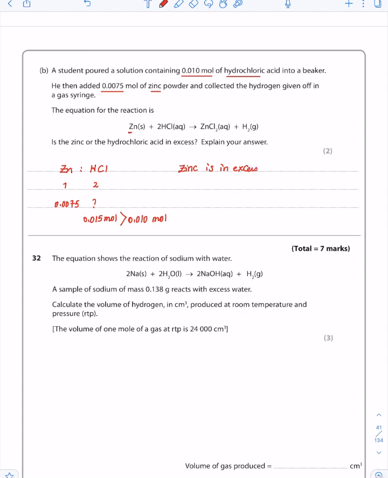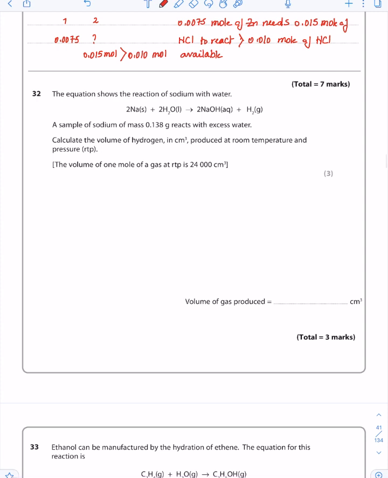Why? Because 0.0075 mole of zinc needs 0.015 mole of hydrochloric acid to react, which is greater than the 0.010 mole of hydrochloric acid available. So the zinc is in excess.